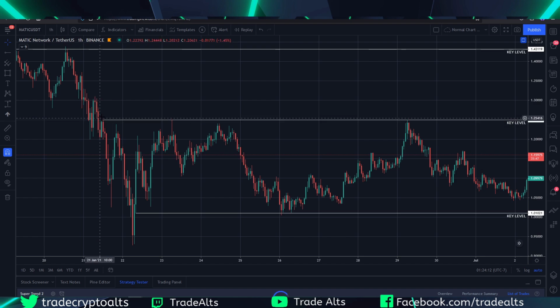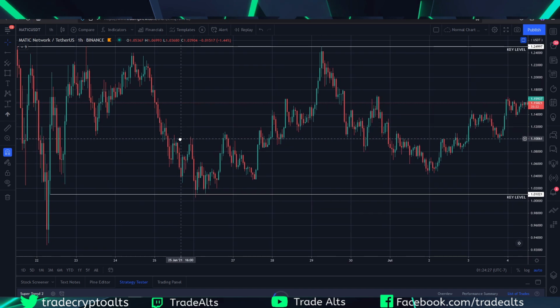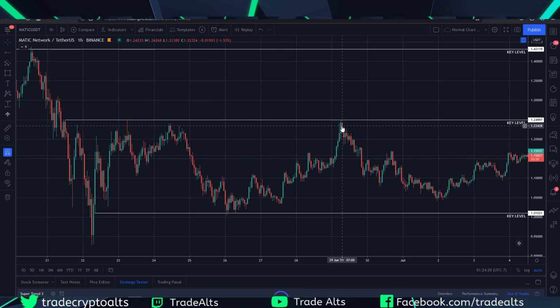But what happens, right? You have your level here that basically confirms as an important level on this wick. So now I'm interested in this level because I can tell this level is being respected so far. Well, it gets tested again perfectly. You see the wick right at this key level, it's basically $1.25.